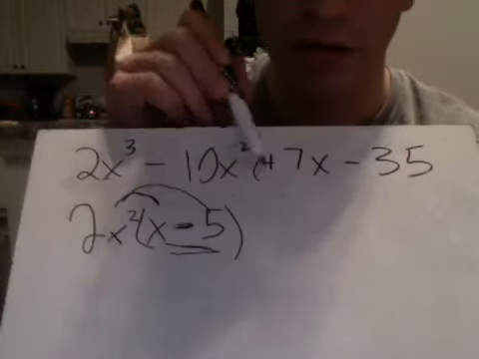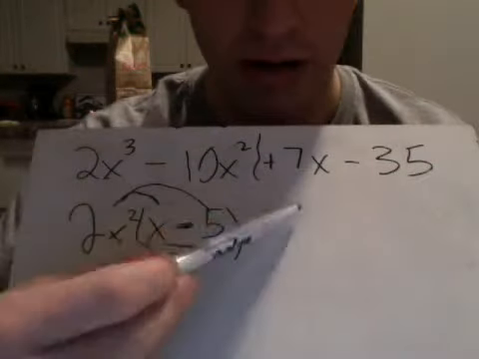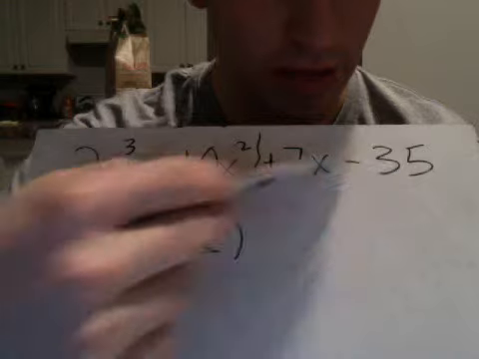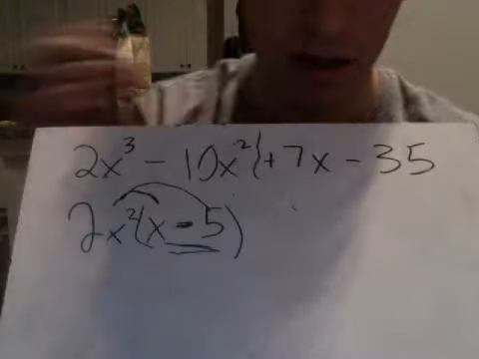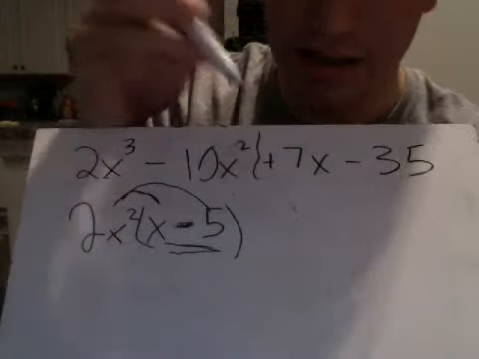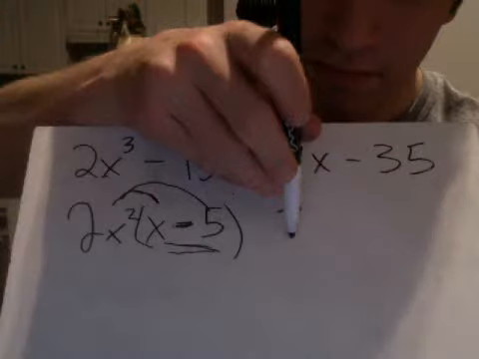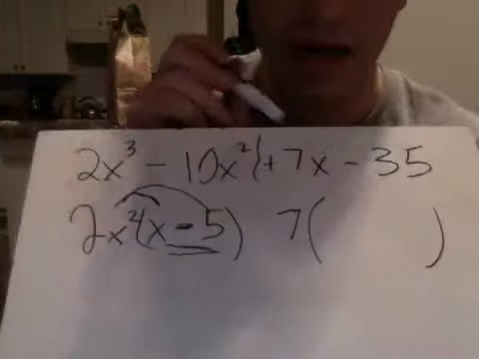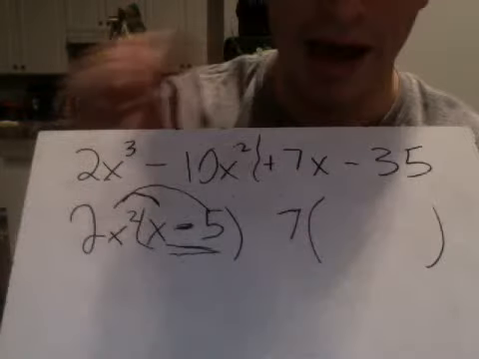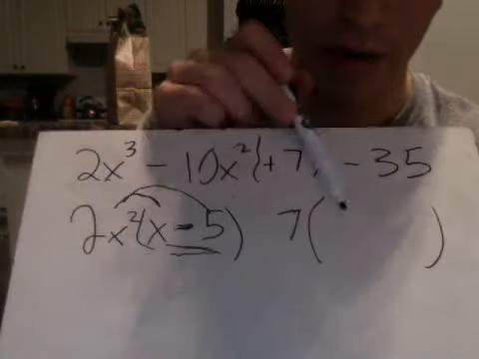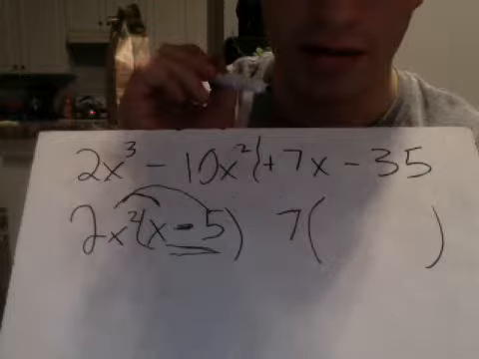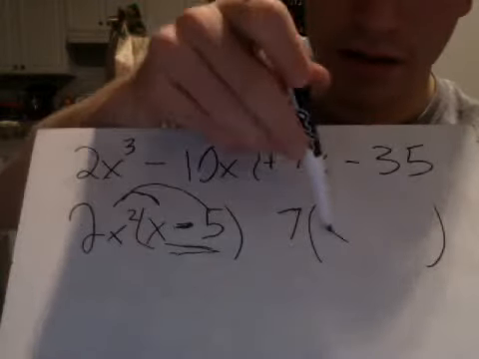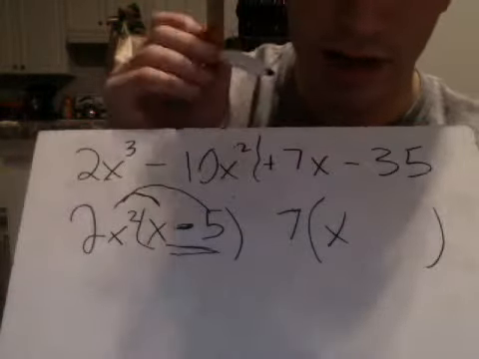So I go to the right side. I look over here, greatest common factor between 7x and 35. Number wise, I think it's going to be 7. I didn't include an x because they both didn't have it. And I think about what would be left inside here? I took out the 7, so all that's left is an x.